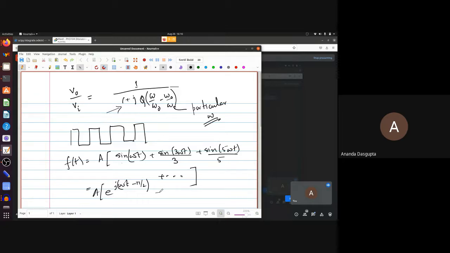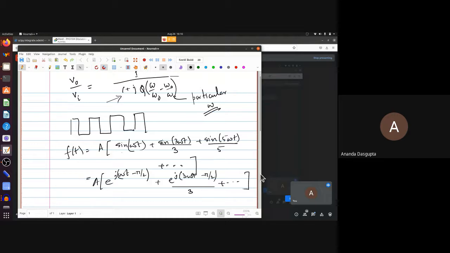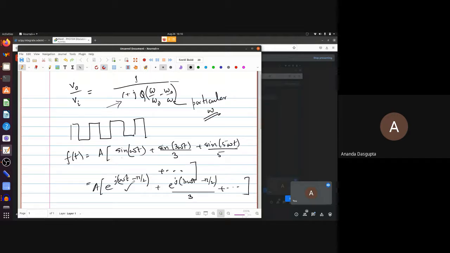Say I can think of this in this form, right? Basically, the real part of this. And then the important thing is each of these has a definite frequency. This one has frequency omega, this one has frequency 3 omega, the next one has frequency 5 omega, and so on. Each of these has a definite response, right?